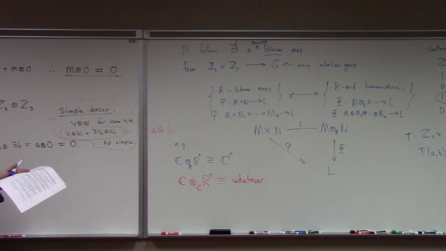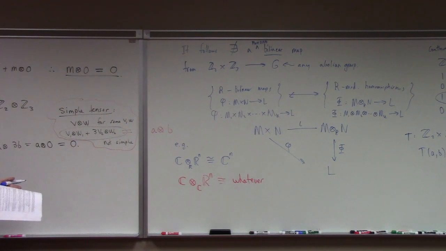Like R2 can be viewed as a C module just by thinking of R2 as the complex numbers. I don't know if I can put a C module structure on R3. If we could, then we'd be in business. So the question really reduces to, can we view Rn as a C module? Is that possible or not?